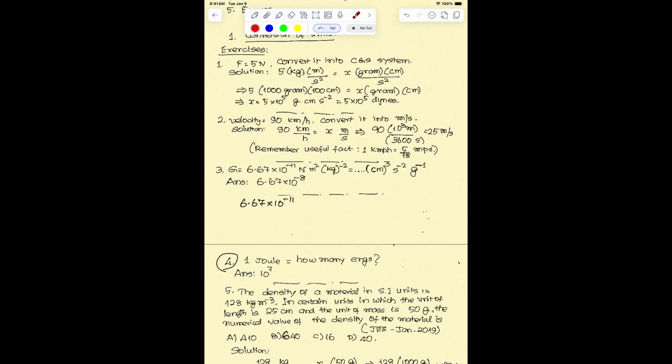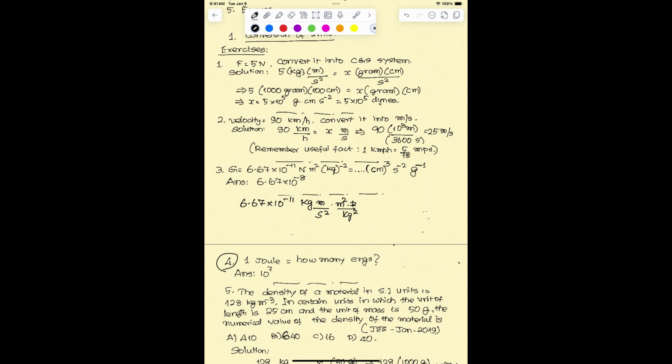How do we do it? Now the Newton, of course, is to be converted into its basic units, which is nothing but kg meter second power minus 2. And after Newton you have meter squared, and kg squared coming below.